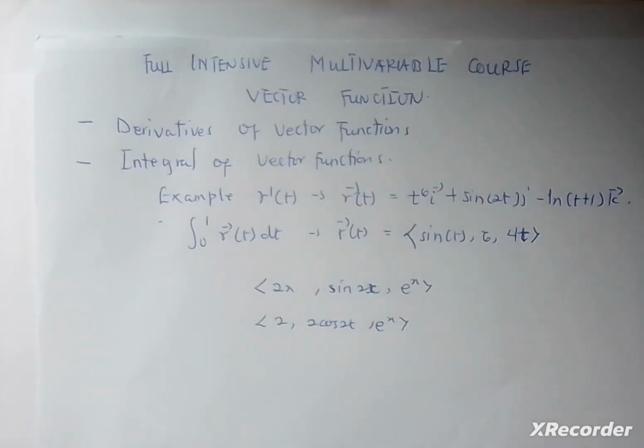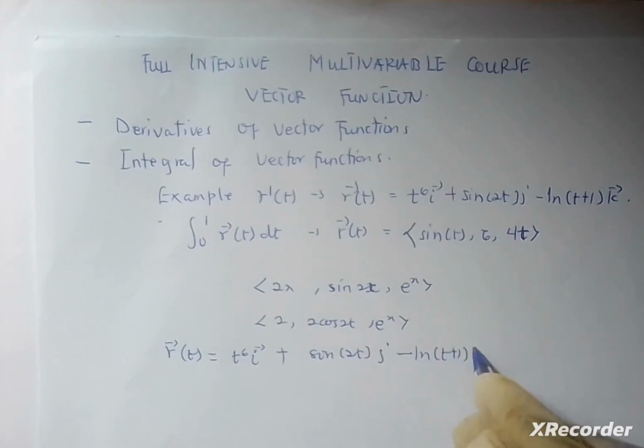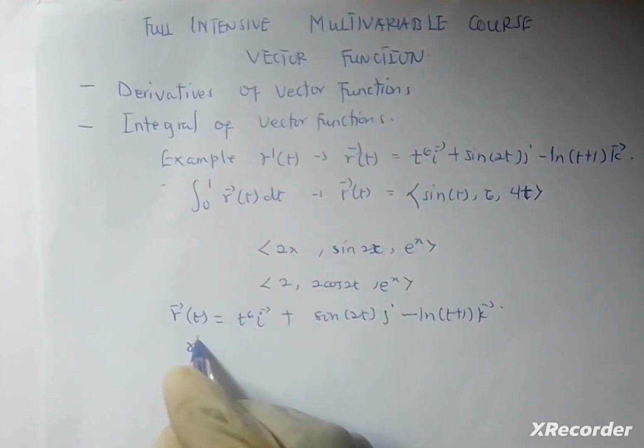Let's solve the example I have here. I have r of t equal to t to the power 6 i plus sine 2t j minus ln of t plus 1 k. If I've been asked to find r prime of t, I simply differentiate each component of this function.